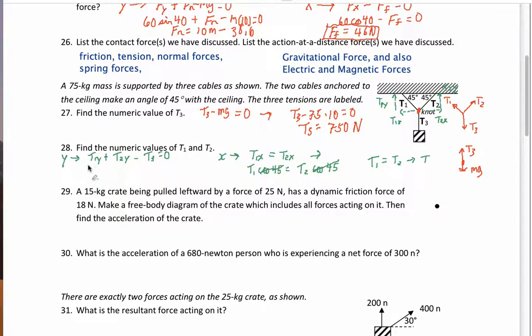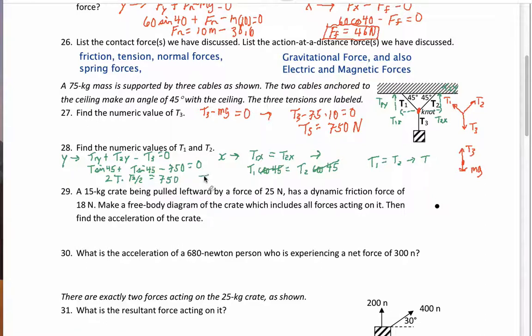So now what I can say is that T sine 45 plus T sine 45 minus, I already got T3 as 750 equals 0. So what I'm getting is that 2T times square root of 2 over 2, because that's the sine of 45, equals 750.